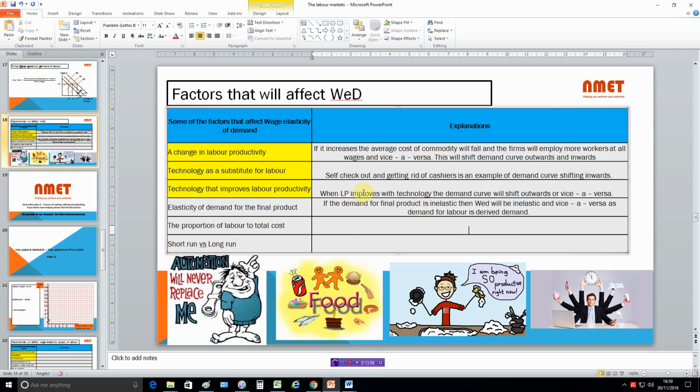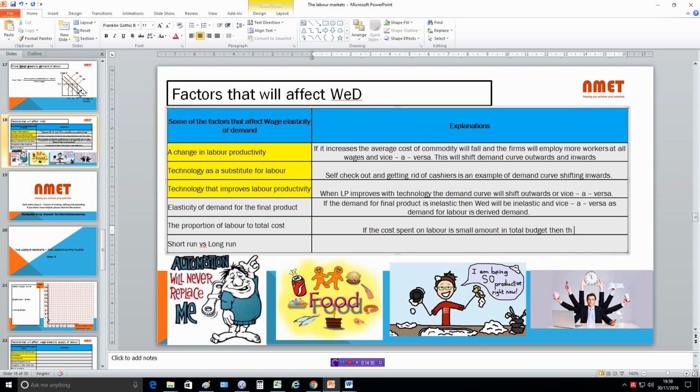So the proportion of labor to total cost. If the cost spent on labor is a small proportion of the total budget, and wages go up, do you think you'll drop workers? No, it's insignificant. So if the cost spent on labor is a small amount in total budget, then the wage elasticity of demand will be inelastic.